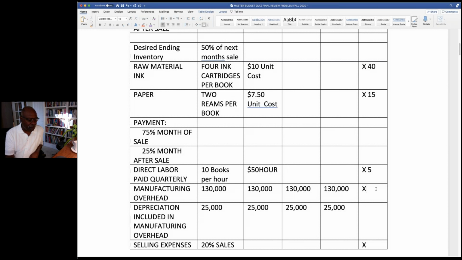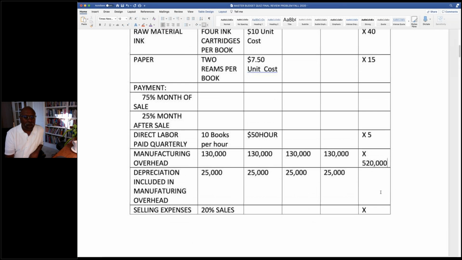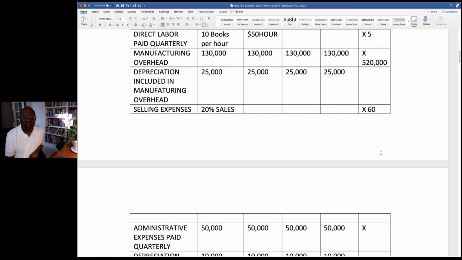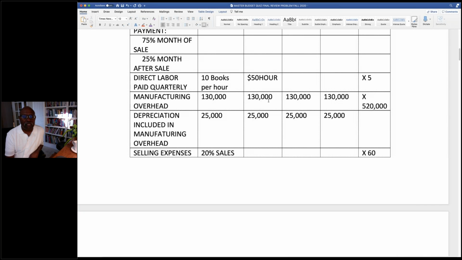Manufacturing overhead, 520,000. So we just added these four quarterly numbers. And then selling expense, 60, 20% of selling price.